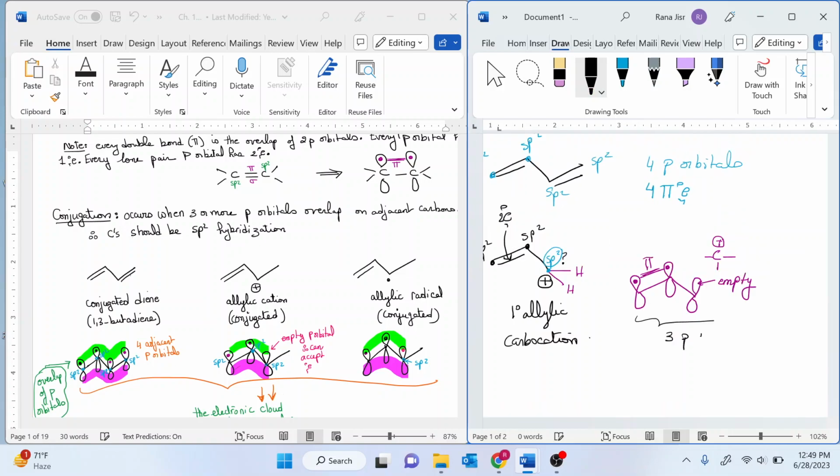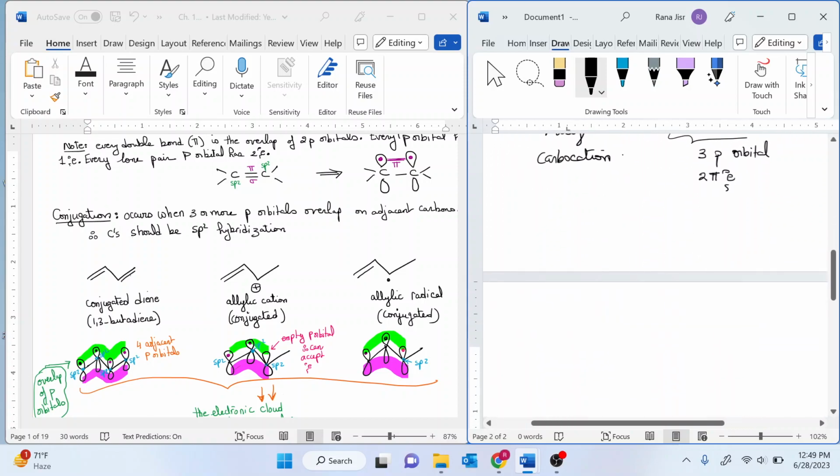Going to be 3 p orbitals. And for the number of electrons in there, I only have 2 pi electrons, because I have a p orbital that has no electrons in there, and I have an electron in each of the other p orbitals. So I have 2 pi electrons total for the primary allylic carbocation.